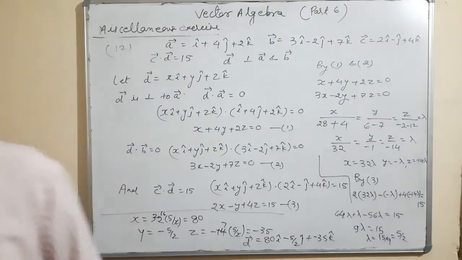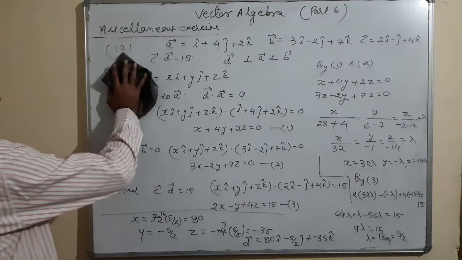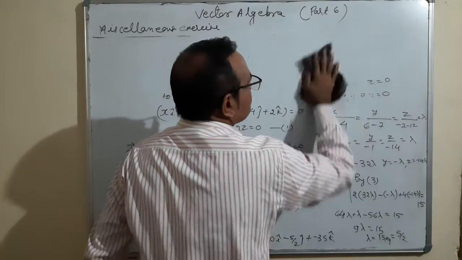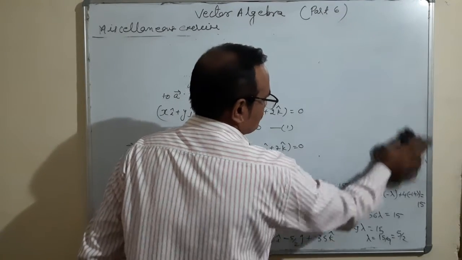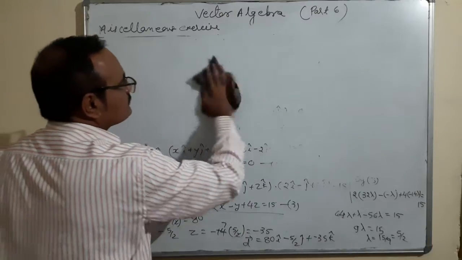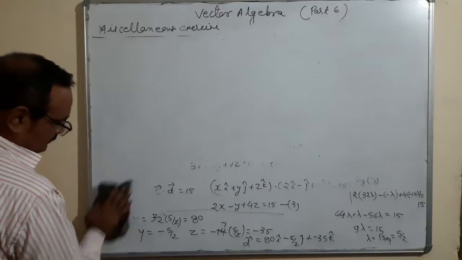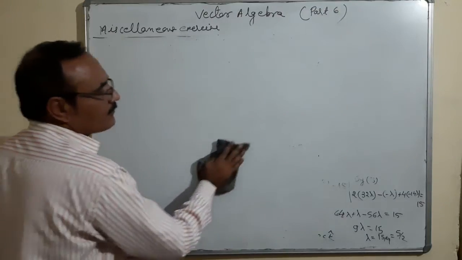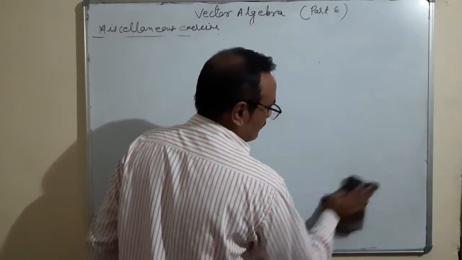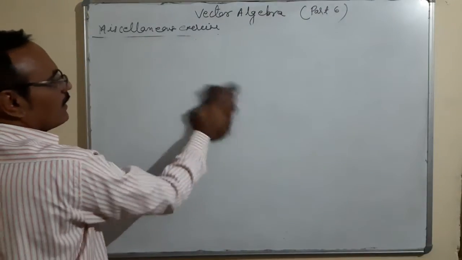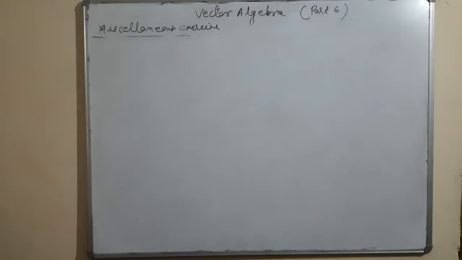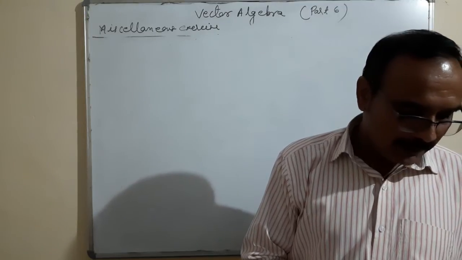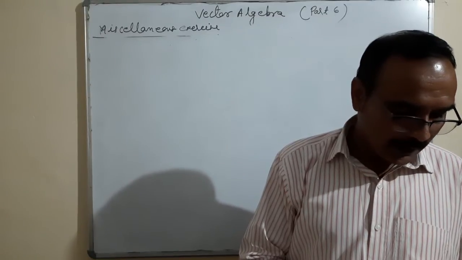So that is question number 12. Question number 13 is: the scalar product of the vector i plus j plus k with the unit vector along the sum of the two vectors given is equal to 1.